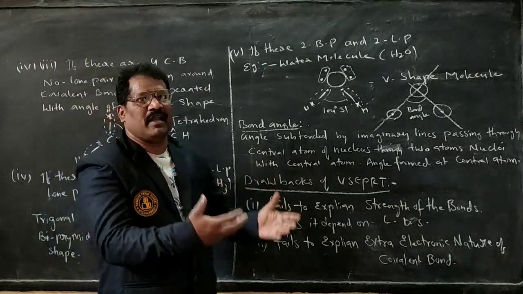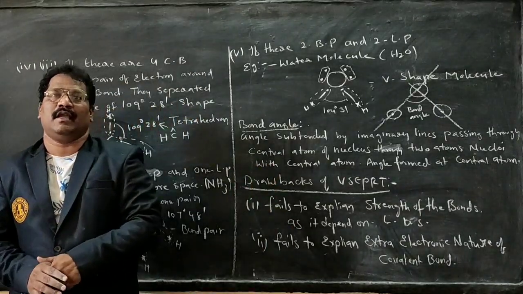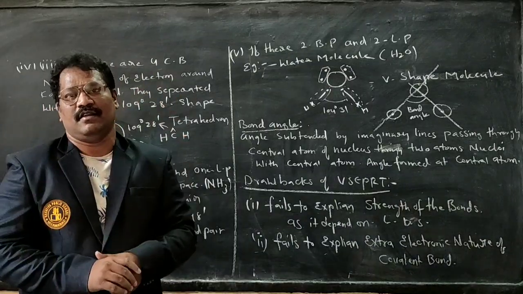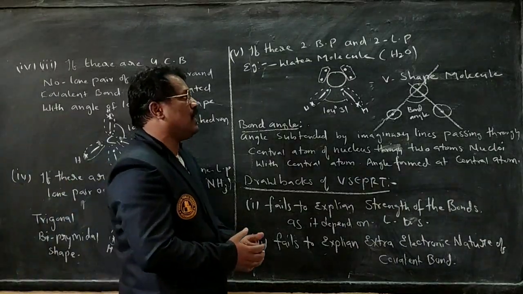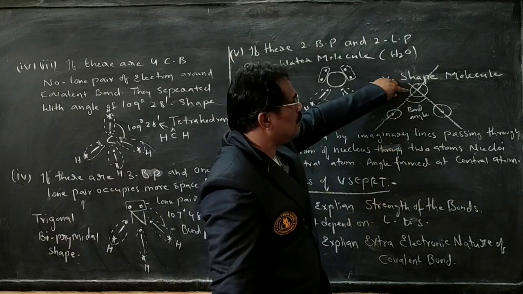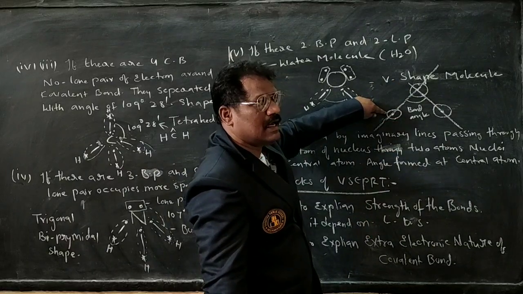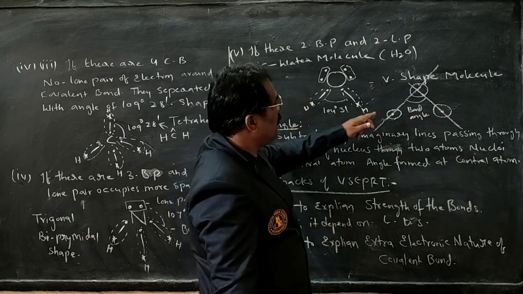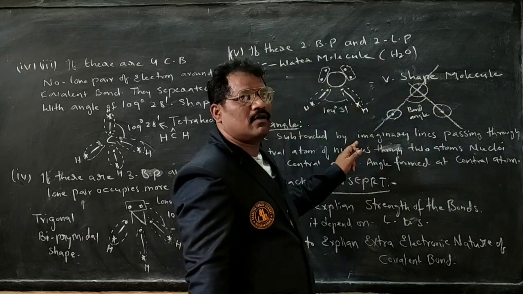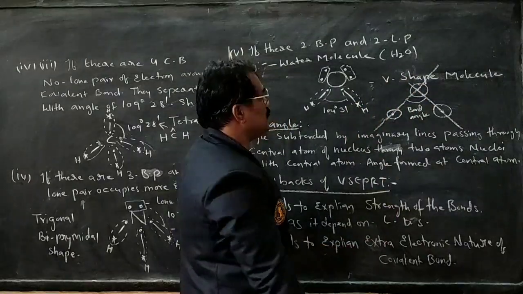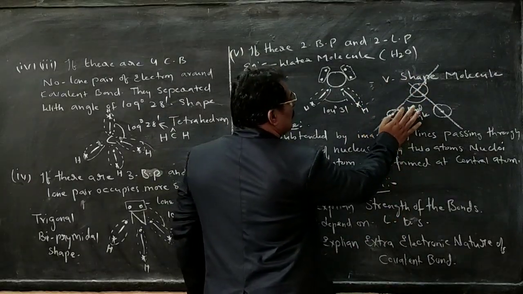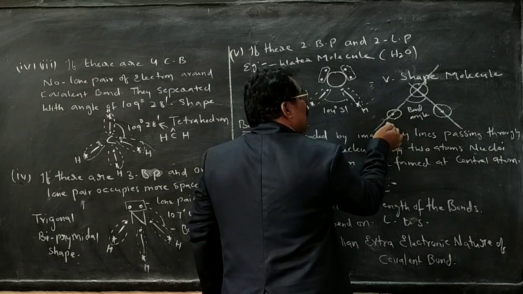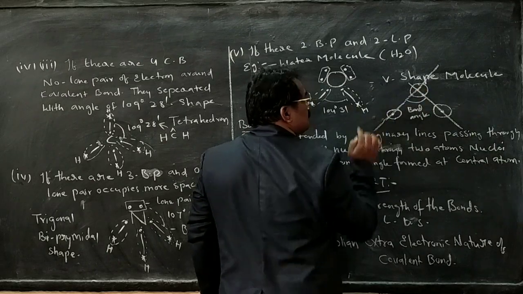What does it mean? This VSEPR theory explains bond angle. What is meant by bond angle here? This is the central atom, this is another atom, and this is another atom. I have drawn 2 imaginary lines passing through the centers of the nuclei of the bonded atoms with the central atom.